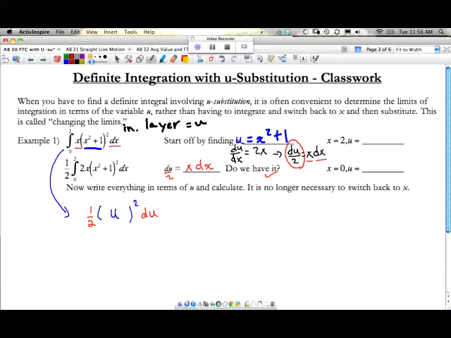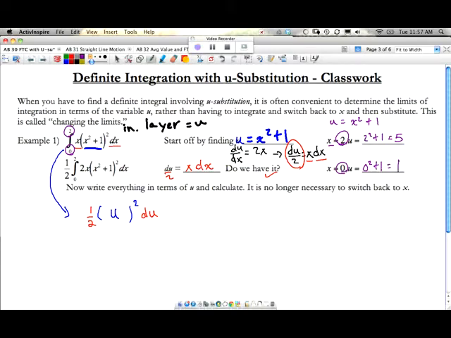Okay, here's the catch. Where did this 2 and this 0 come from? They came from the top and bottom limit here, the lower limit and the upper limit, the interval that we're taking the integration over. So if x equals 2, remember that u equals x squared plus 1. I'm going to plug this x equals 2 into that and see what it would be in terms of u. That means it's 2 squared plus 1, or 5. Similarly, if I put in a 0, that's 0 squared plus 1, and that equals 1.